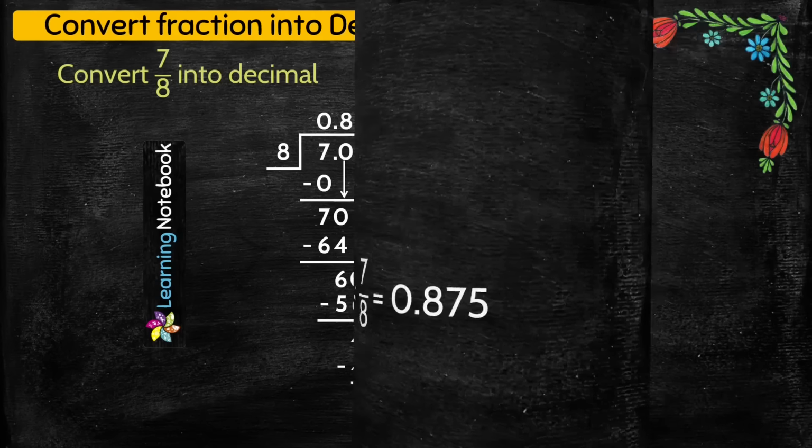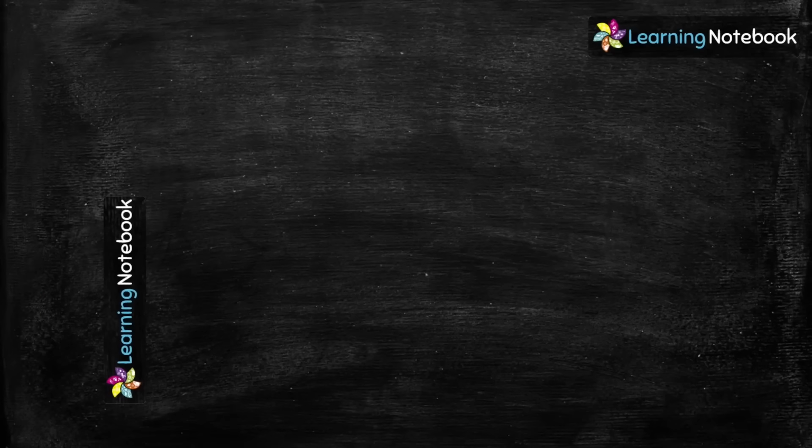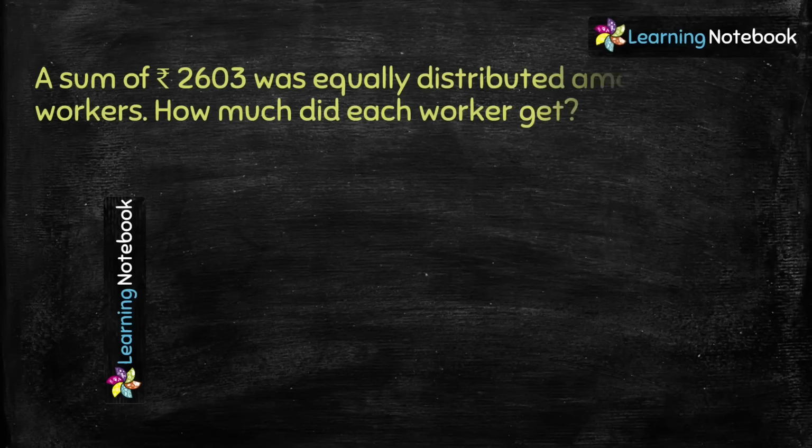Now students, let's do some word problems on division of decimal numbers. Question is, a sum of rupees 2603 was equally distributed among 38 workers. How much did each worker get? So students, we have to find the amount received by each worker.